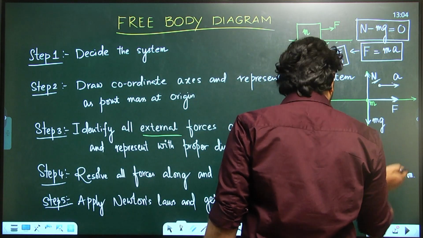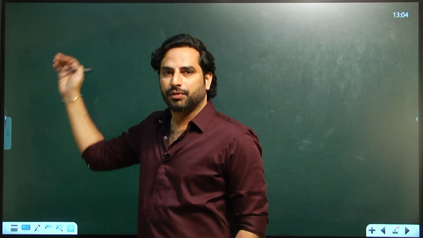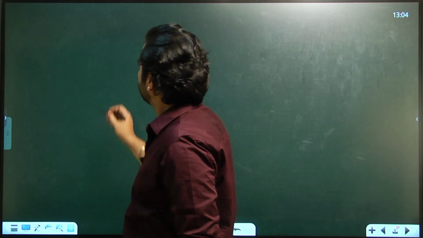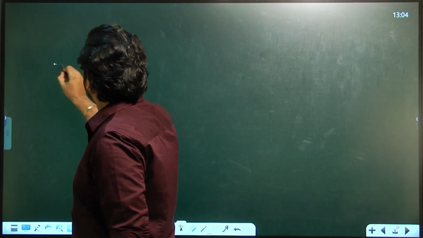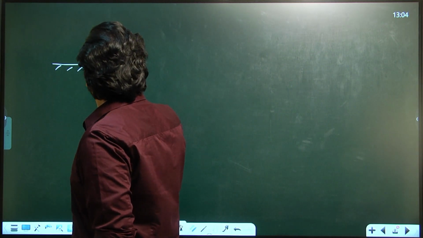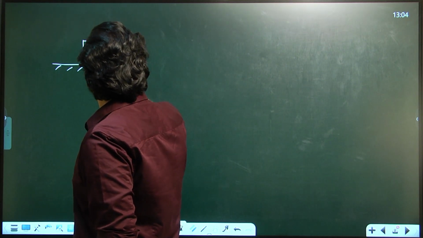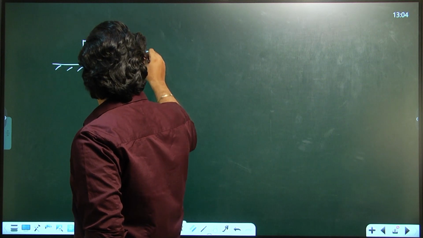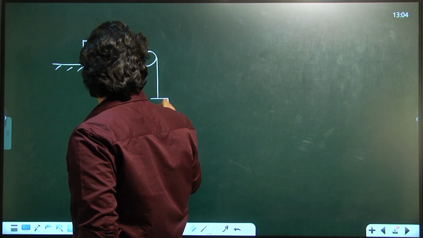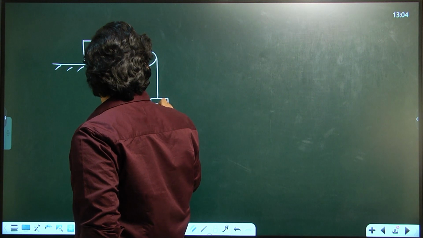Now let us take another example to apply the steps that we have just discussed. Say there is a block of mass m1 attached to a string, and then m2.